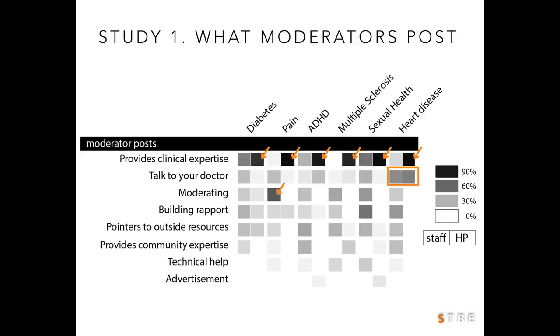There are some interesting observations here across the different disease communities. For instance, the pain community had quite a bit of moderating going on, which reflects how staff moderators had to moderate conversations so that patients don't talk too much about which medications are better and so forth, which is a kind of dangerous conversation to have.